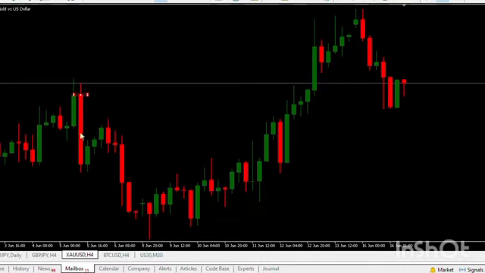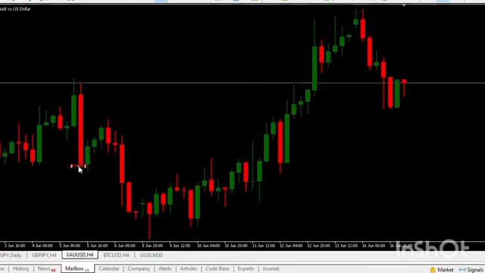So this big part is called the body, and it opened right here, okay, and it closed at the bottom. So we always have the opening of the candle, which determines the price at that moment, and the closing, which also determines where price got to at that moment, and it closed.